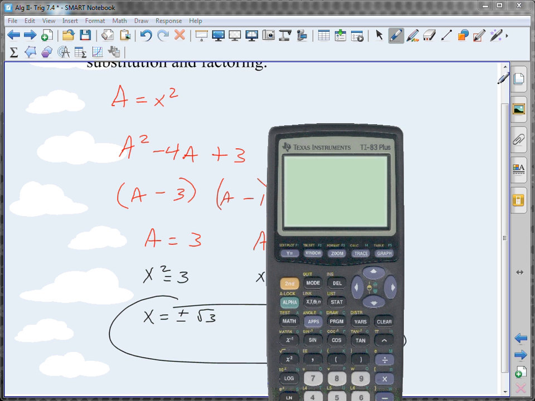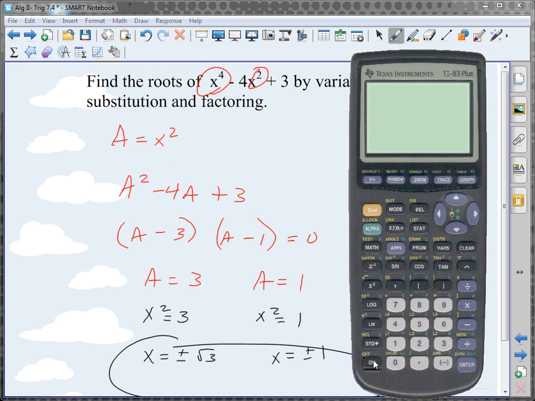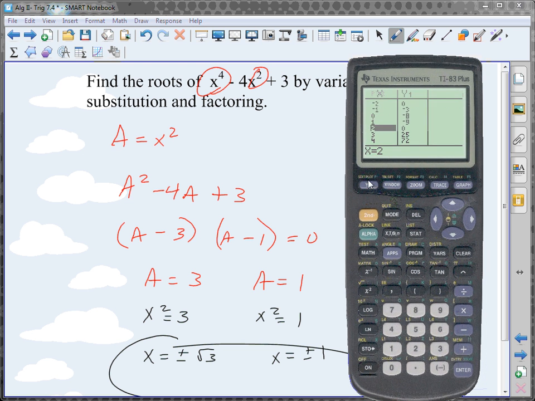If I go and graph this, x to the 4th minus 4x squared plus 3. It makes my last name. I have a 0 here, here, here, and here.